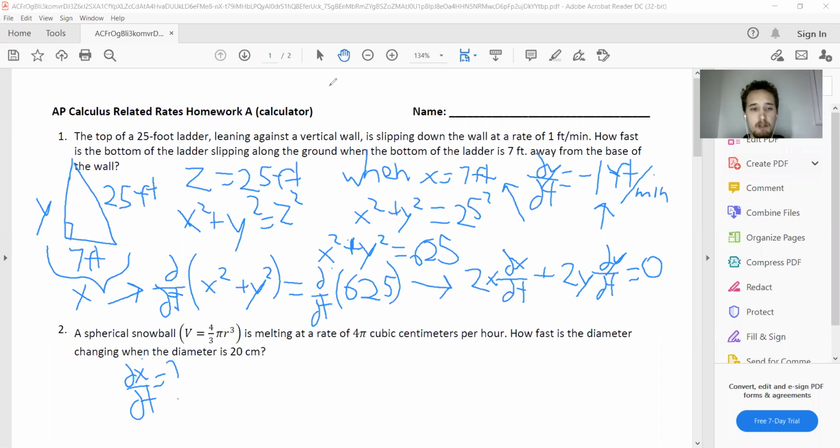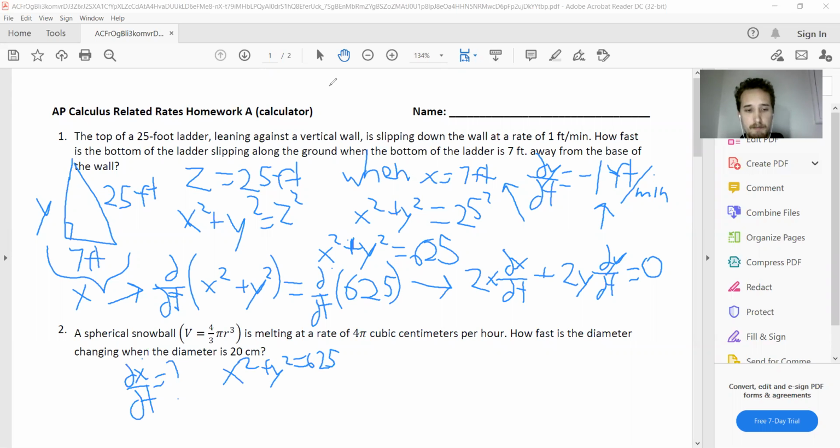But we do have this equation x squared plus y squared equals z squared, right? Or x squared plus y squared equals 25 squared, or 625. So basically we can plug in x, which is 7, to find our y value. So let me write the equation real quick. 625.